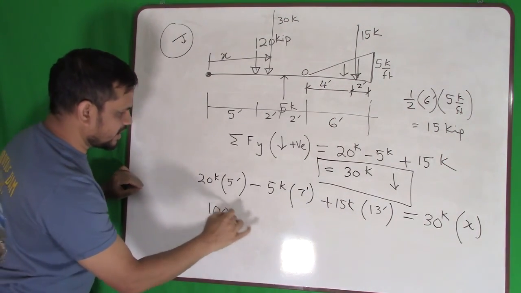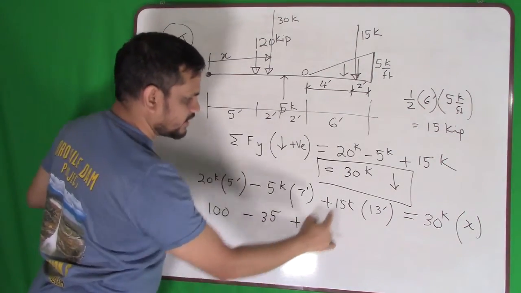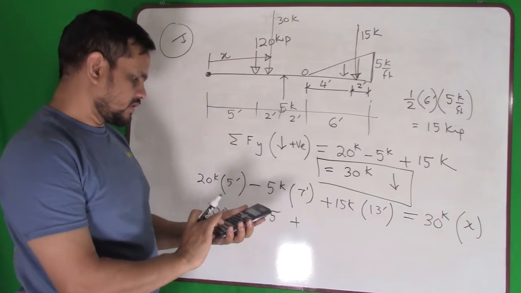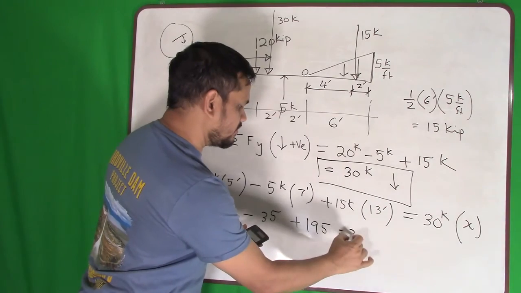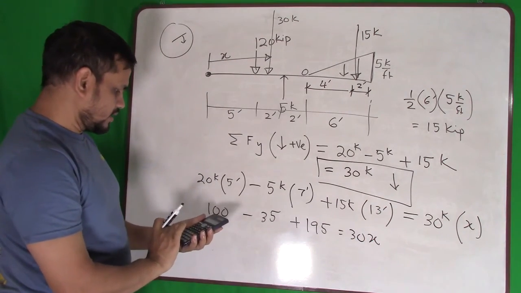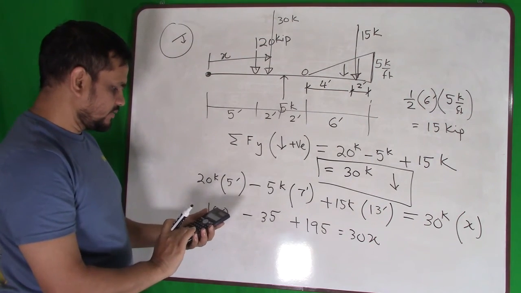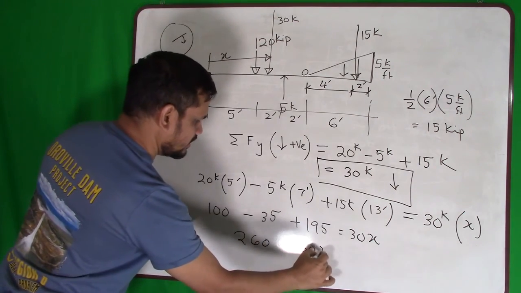So this will be 100, this will be 35, and 15 times 13 is 195, equal to 30x. So 100 minus 35 plus 195 is 260 here, 30x here.